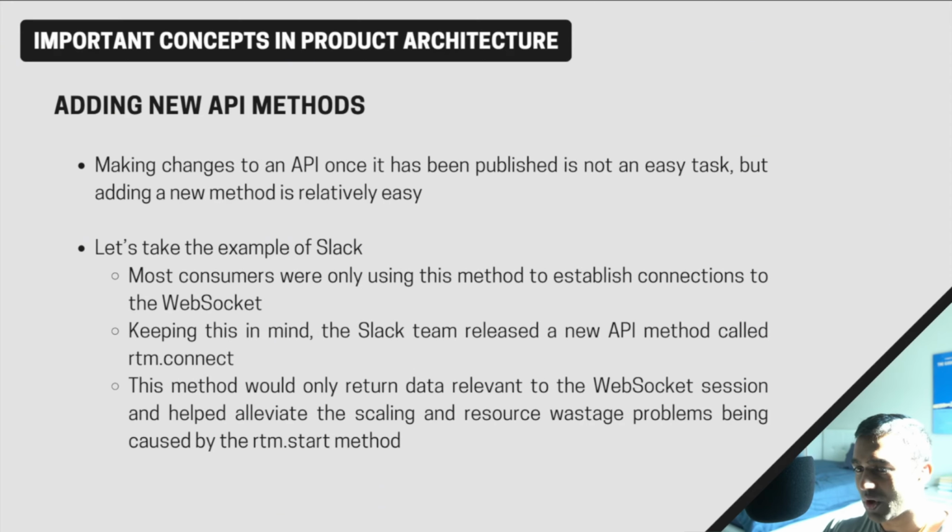Most consumers were only using this method to establish connections to the WebSocket. Keeping this in mind, the Slack team released a new method called rtm.connect. This method would only return data relevant to the WebSocket session and helped alleviate the scaling and resource wastage problems being caused by the rtm.start method.